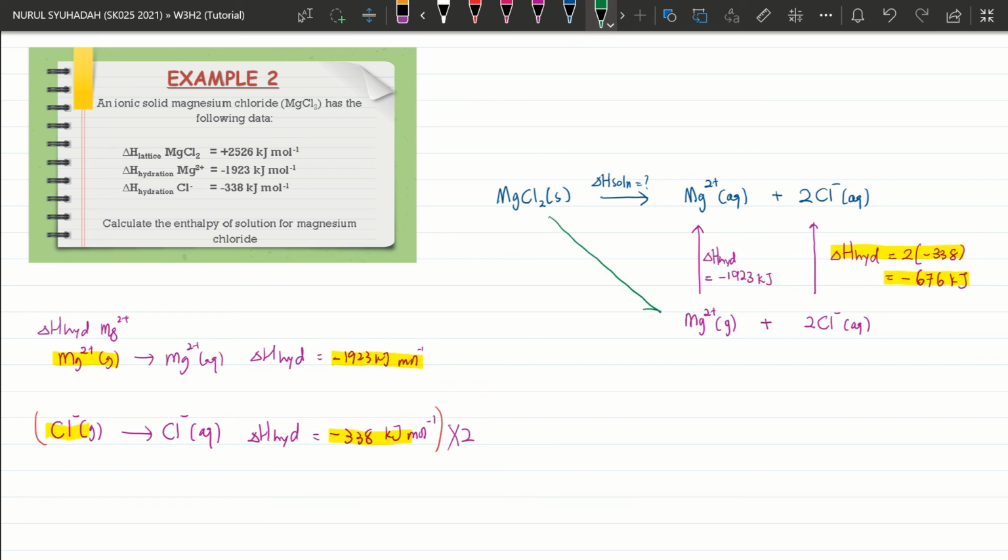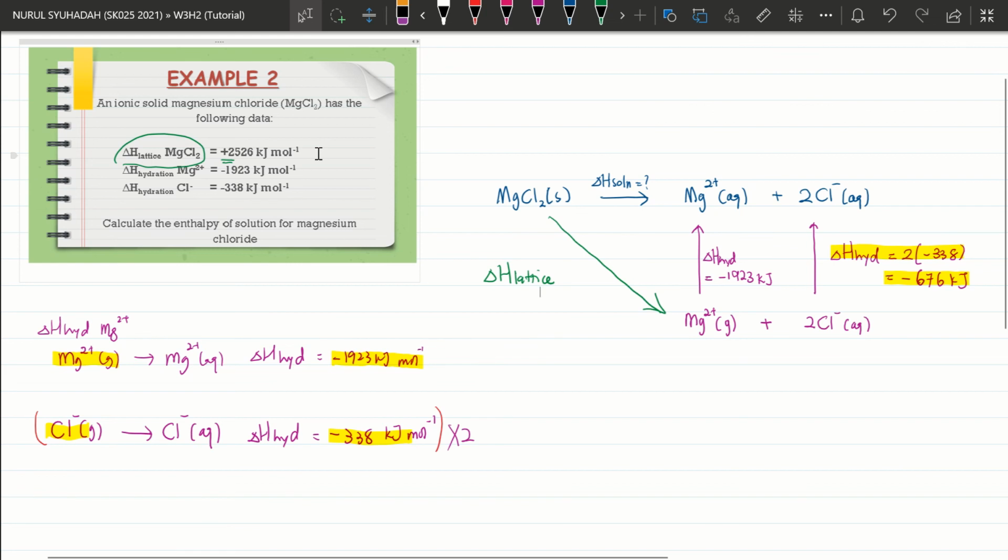Okay, so that's that. The next part, the arrow downwards: MgCl2 to produce Mg2+ and Cl-. So the lattice energy is already given to you in positive value, so you don't have any problem. To make it simple, if you get negative value over here, just change it to positive.